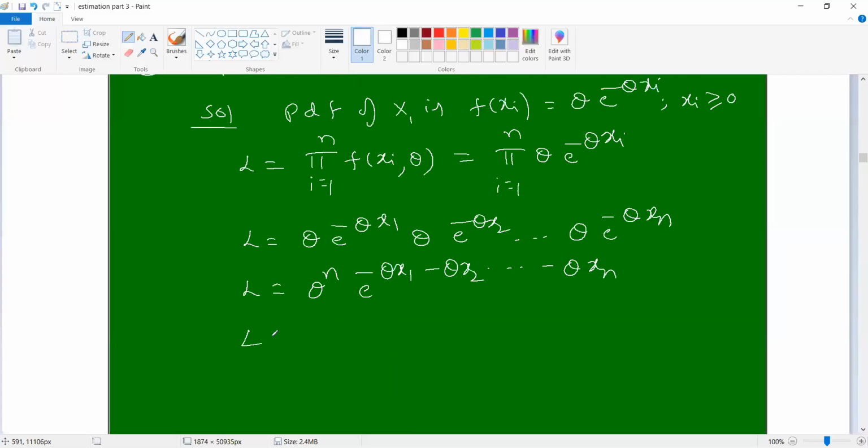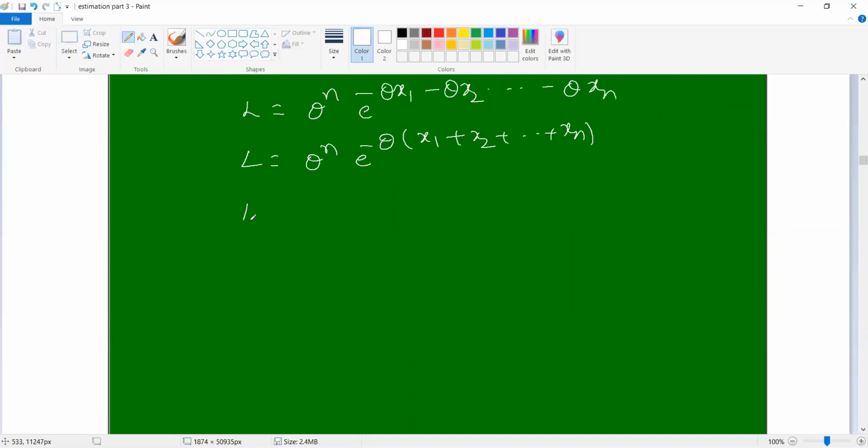L is equal to theta power n e power minus theta, taken outside as a constant value, x1 plus x2 plus and so on xn. That is, L is equal to theta power n e power minus theta summation xi.